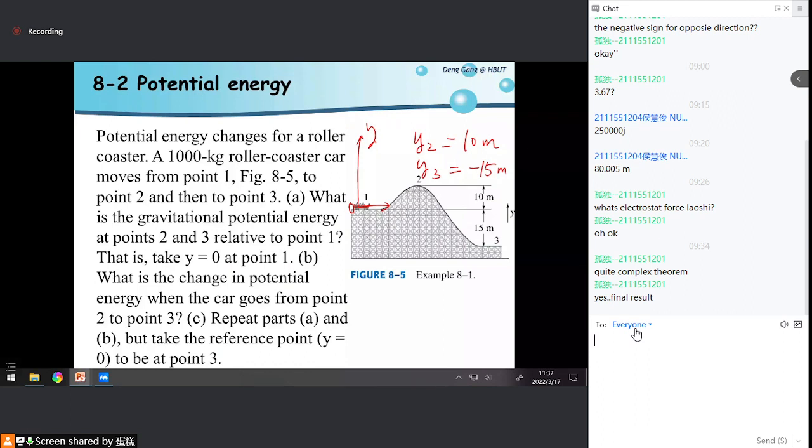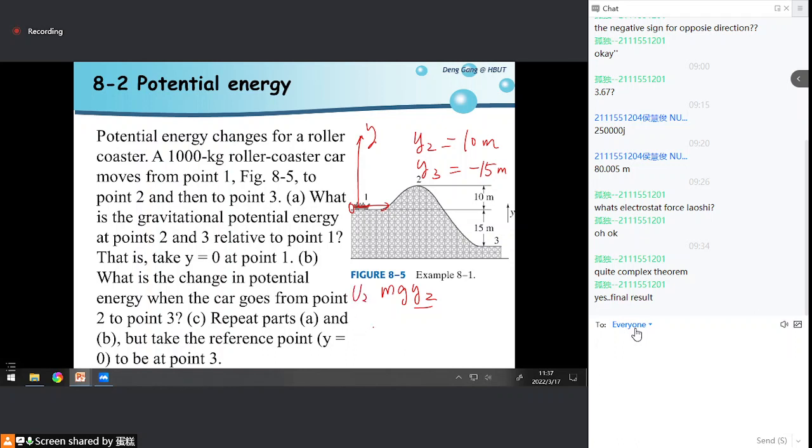The potential energy at y2 is equal to mg y2. Here for y2, you should use 10 meters.